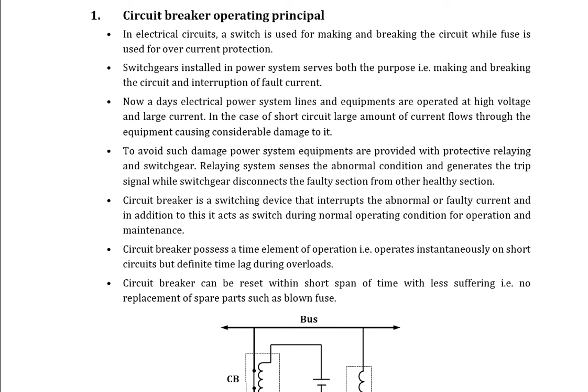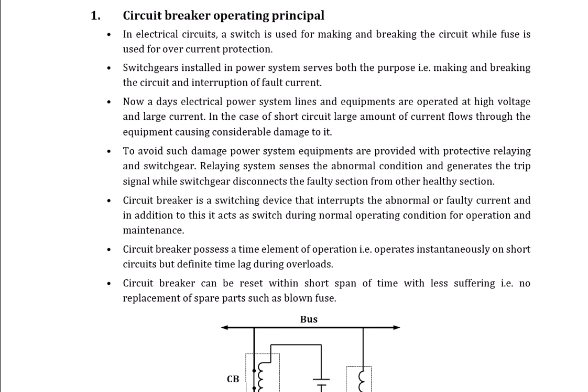A circuit breaker has a time element of operation: it operates instantaneously on short circuits, but with a definite time lag during overloads. A circuit breaker can be reset within a short span of time, with no replacement of spare parts such as a blown fuse.